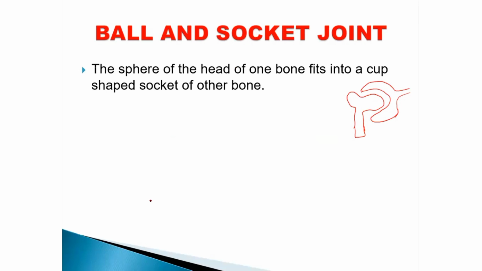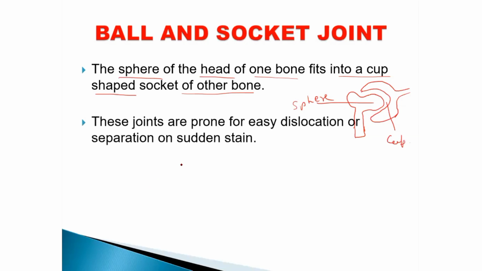That is what a ball and socket joint is. So the sphere or head of one bone fits into the cup-shaped socket of the other bone. I can say this is the sphere of one bone, and this is nothing but the cup-shaped socket of another bone.